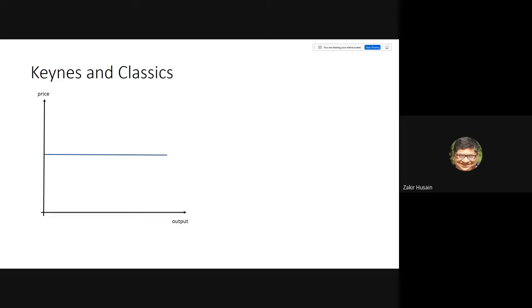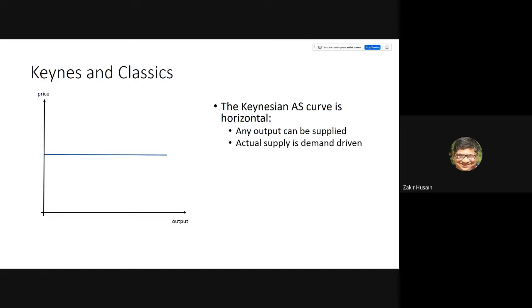Okay. So this is the Keynesian demand curve. The supply curve is horizontal. Any output can be supplied at the same price. Therefore, supply is demand driven. Prices do not change. This is the Keynesian case, the one that we had discussed in the earlier semester.